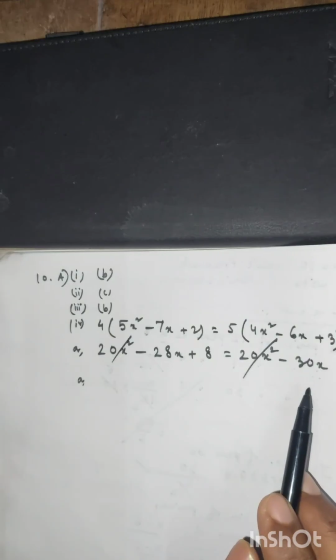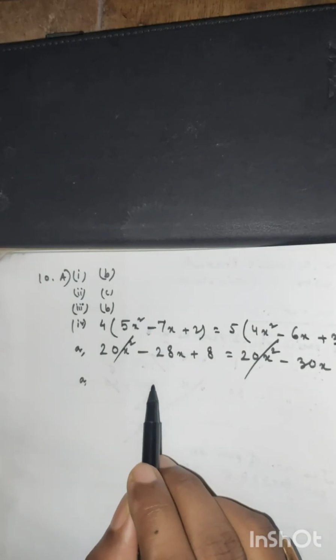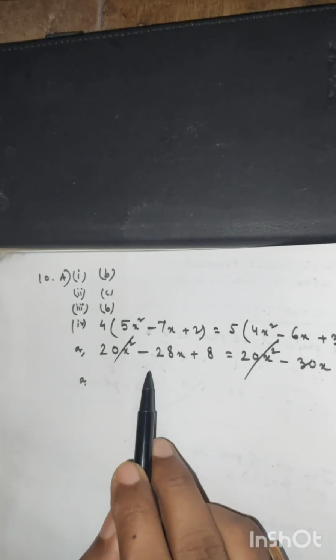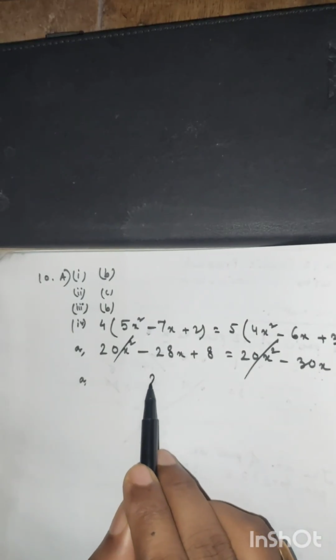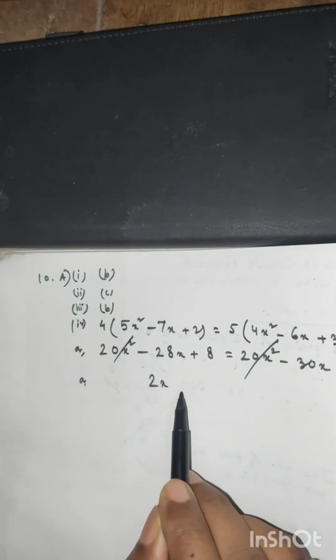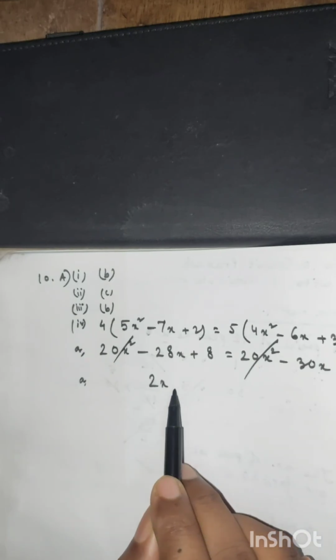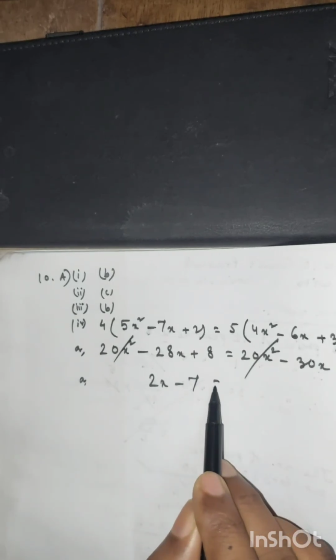Now if we take 30x to the left side, it becomes positive, so plus 30x minus 28x, so it is 2x. And if I take 15 to the left side, it becomes minus 15, so plus 8 minus 15, it is minus 7 equal to 0.